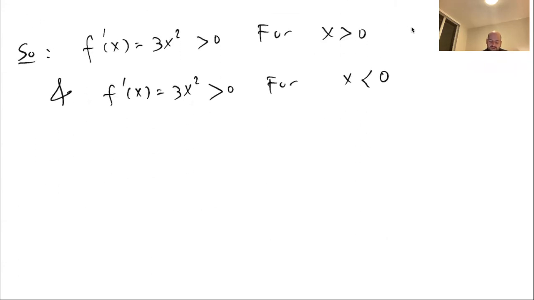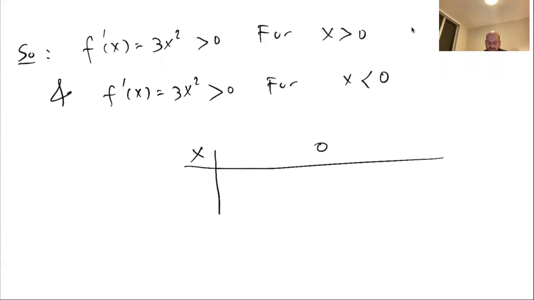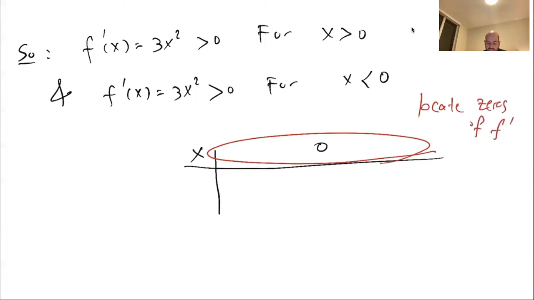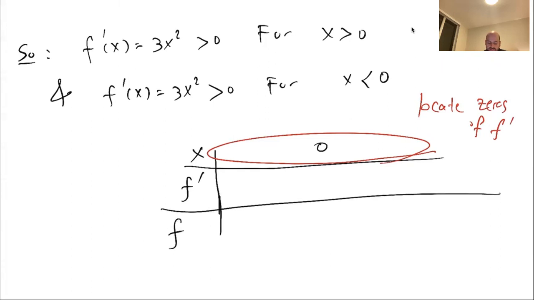Okay. You can also show this on the real line. This is called a sign chart, right? So we can determine the values of x on the first row, and then 0. Here, if you want to use a sign chart, you can locate the zeros of f prime. And then in the second row, write down f prime, and in the third row, write down f.